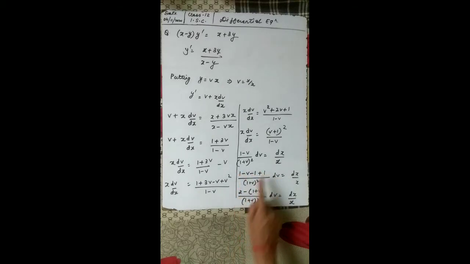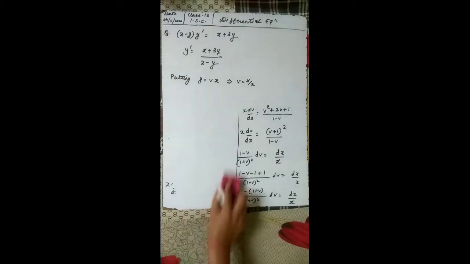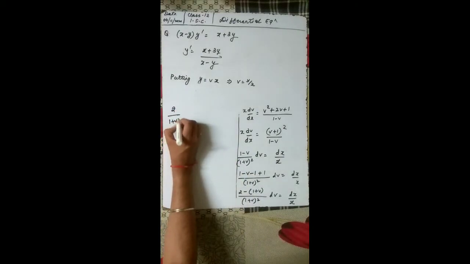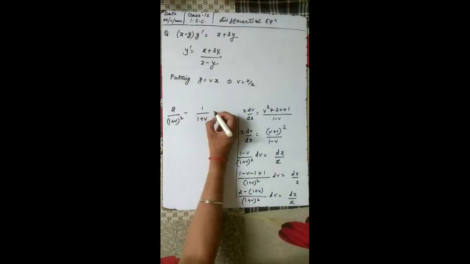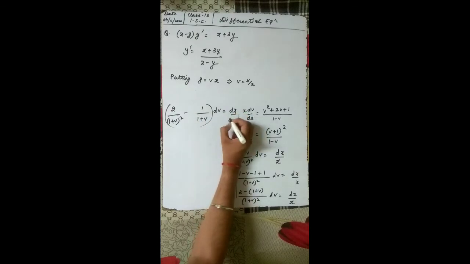So 1 plus 1 is 2, and among the rest I've taken minus common, that is 1 plus v upon 1 plus v the whole square dv dx. Now after that, what will happen? See, on separating we'll get 2 upon 1 plus v the whole square minus 1 upon 1 plus v dv equal to dx upon x.